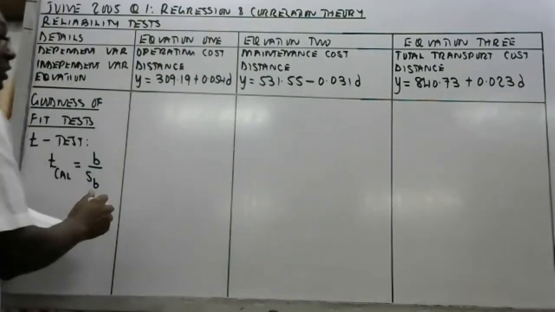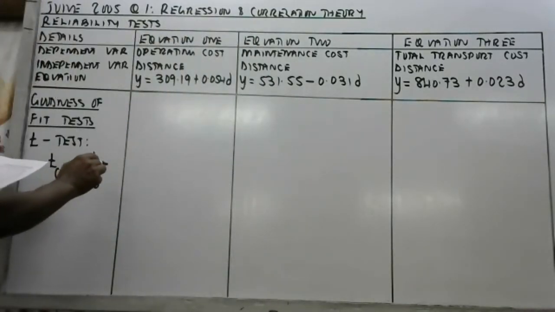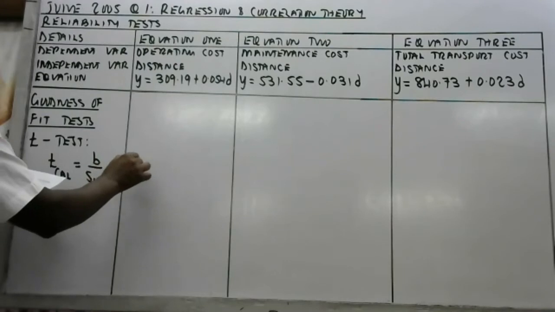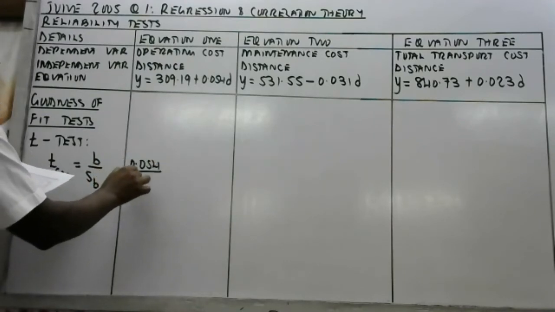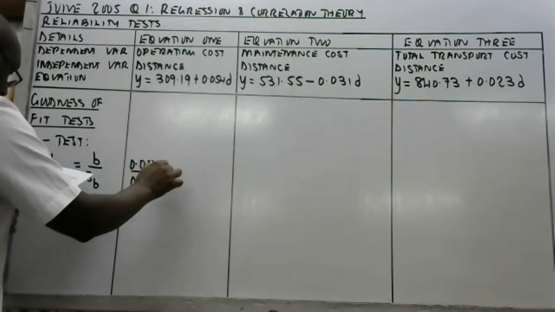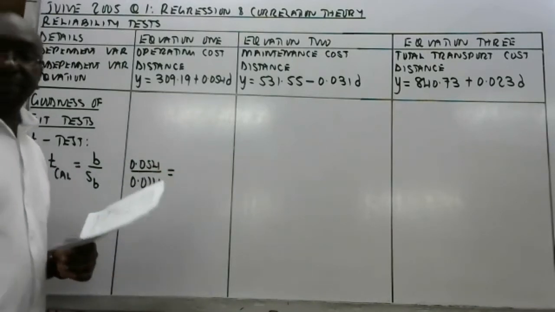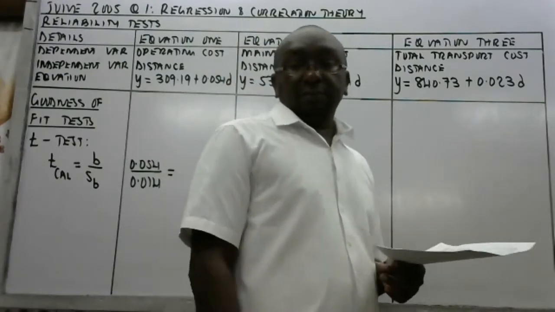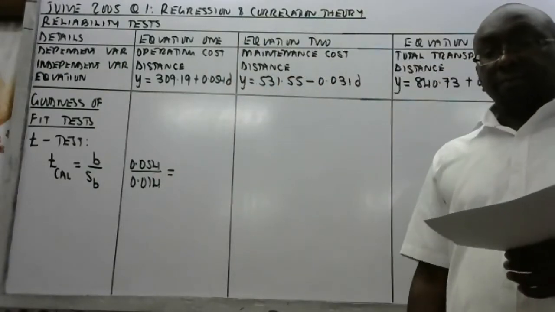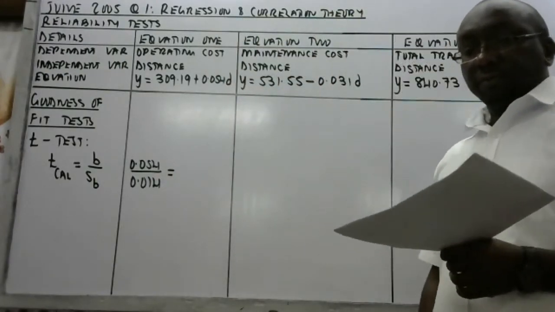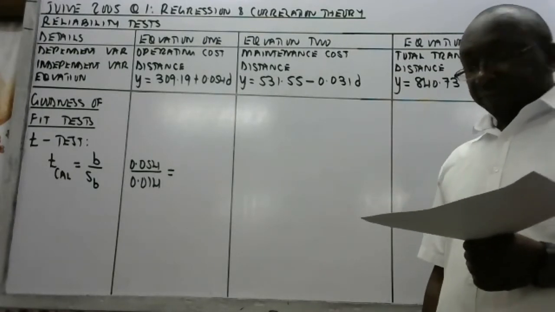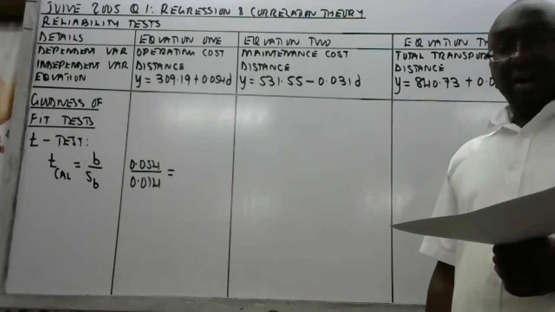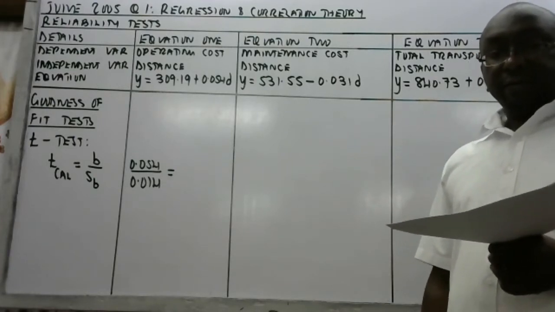So for the first equation, B is 0.054 and the SB is 0.014. Give me the answer to that: the slope divided by the standard error.